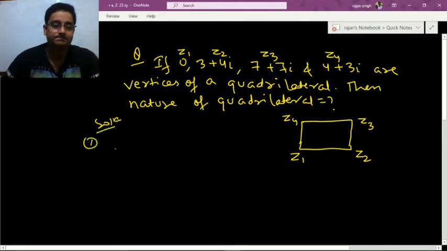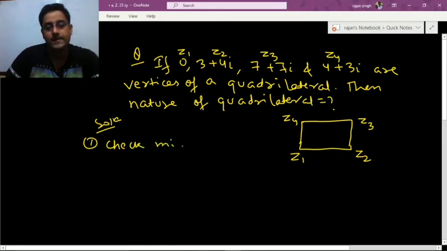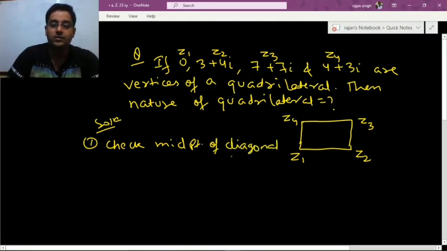First step, check the midpoint of the diagonals. This is one diagonal and this is another diagonal. If the midpoint of z1 and z3, and the midpoint of z4 and z2, come out the same, then those 4 options will open.